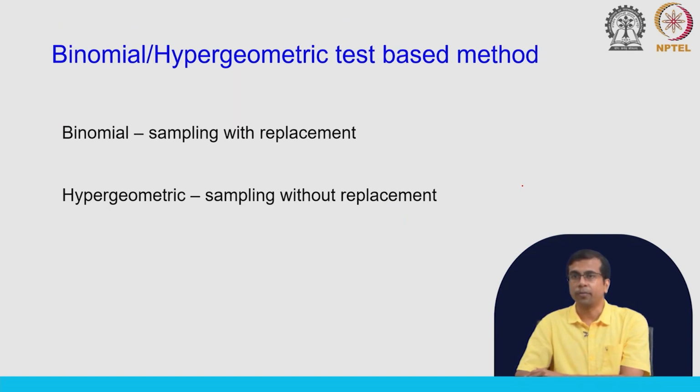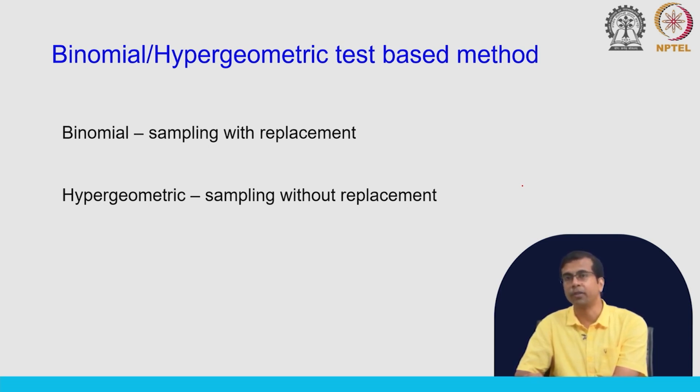Now, the decision on whether we want to use binomial test or hypergeometric test. Binomial is sampling with replacement, if you go back to your statistics classes, and hypergeometric is sampling without replacement. What you see in our scenario is mostly sampling without replacement. If we pick a gene from the full list, that gene is not replaced, we cannot pick that gene again.